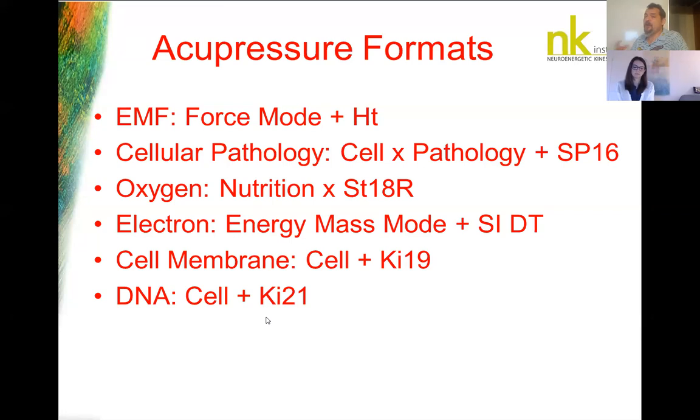So if you're going to balance someone for electromagnetic radiation, you need to do it in reference to, or with respect to, some part in the body. So, for example, it could be with respect to an organ or gland.